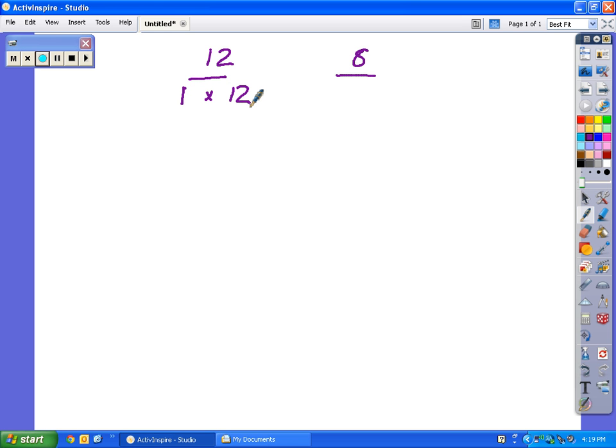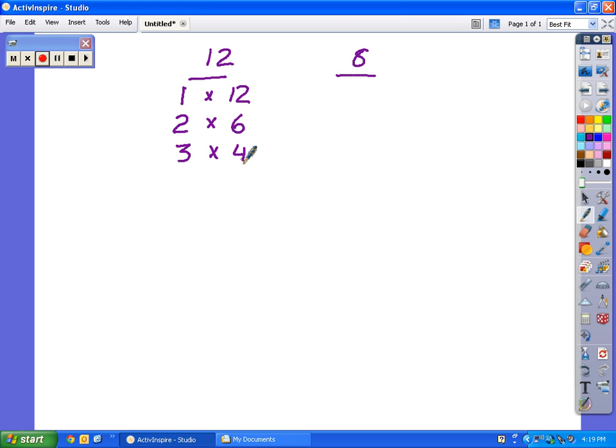So 1 and 12 are factors of 12. 2 times 6. So 2 and 6 are factors of 12. Can we multiply 3 times something to get 12? Absolutely. 3 times 4 is 12. And since 4 is on this side, we've already listed all of our factors. So we have 6 factors of 12.